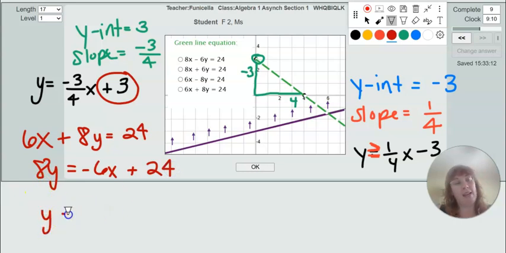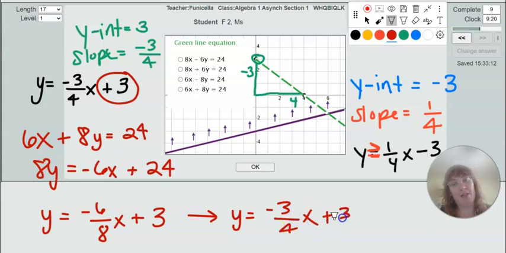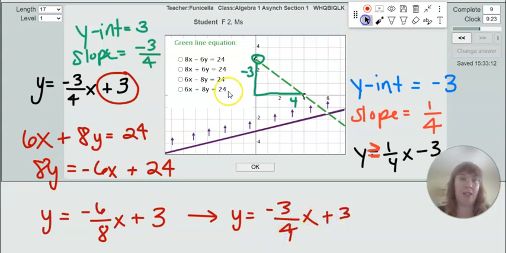Divide everything by 8, and we get y equals -6/8 x plus 3, which we can write as -3/4 x plus 3, which is exactly what we had. So it is option D. Go ahead and click that and hit OK.